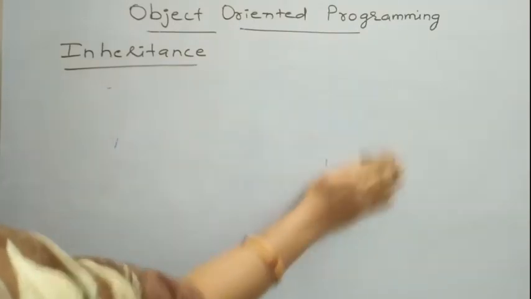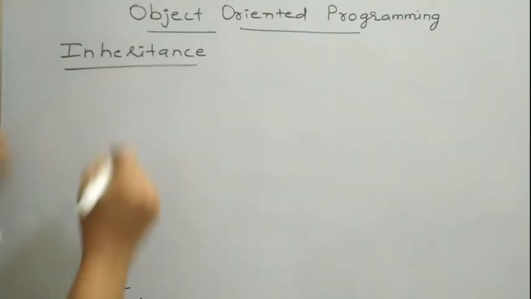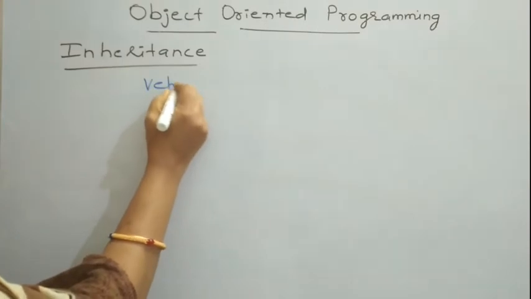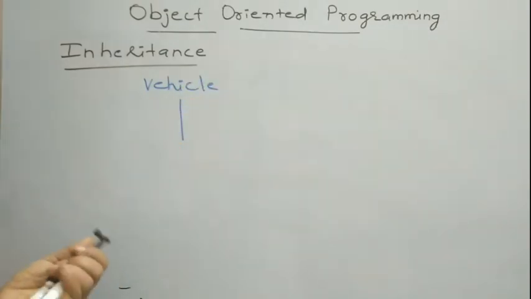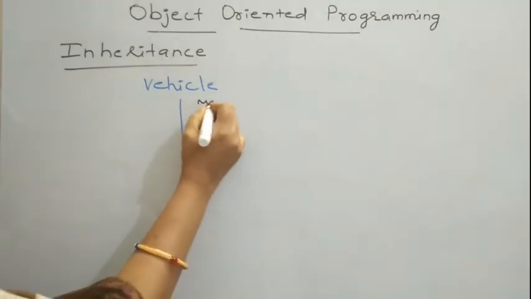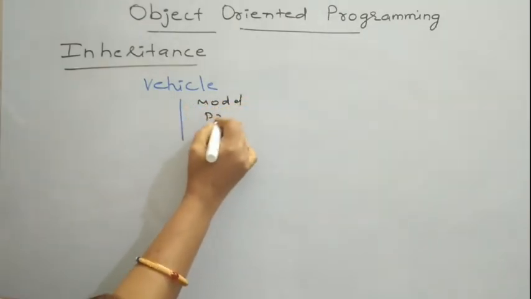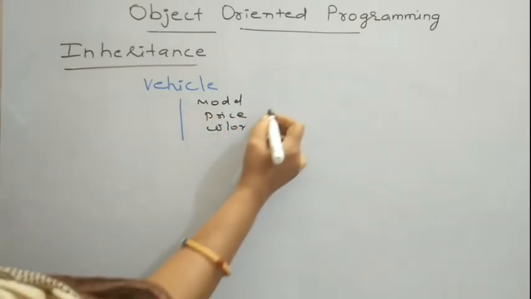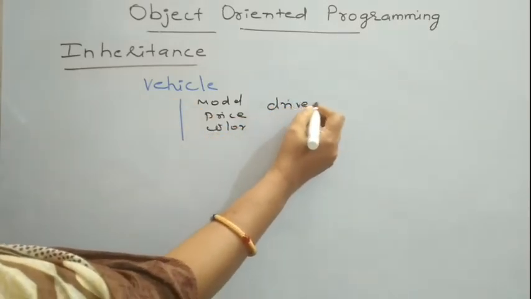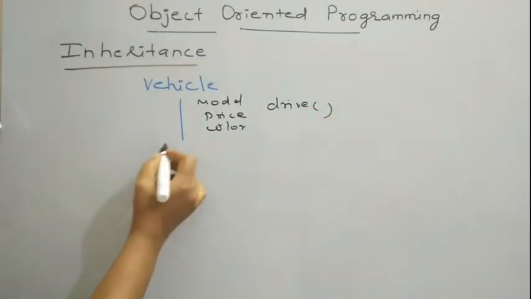For example, take a class called vehicle. This class contains different properties like model, price, color. These are the properties, and it has functionalities such as drive.